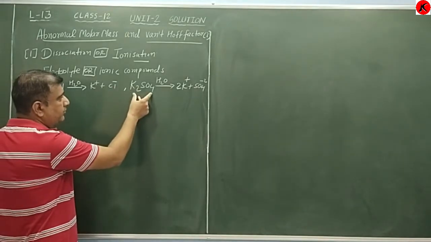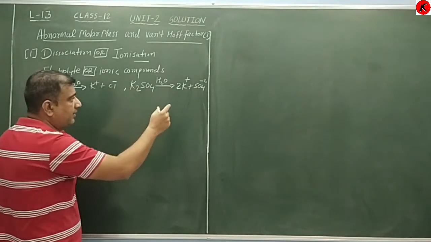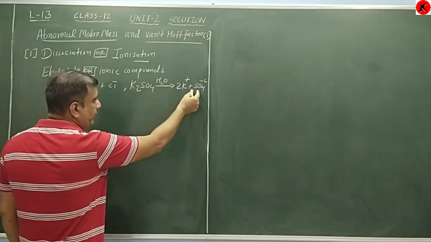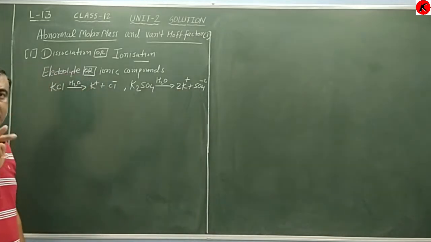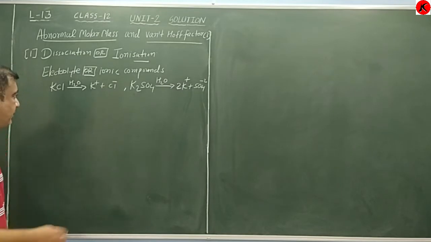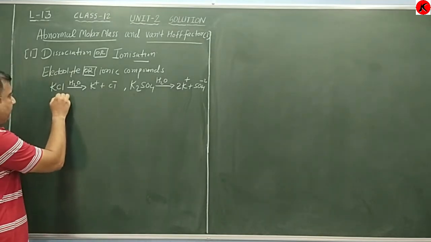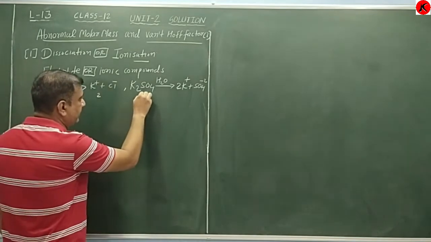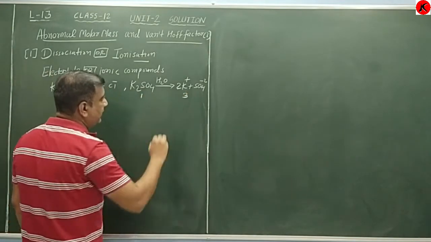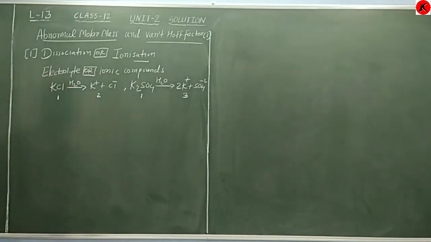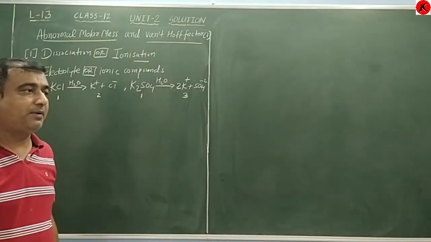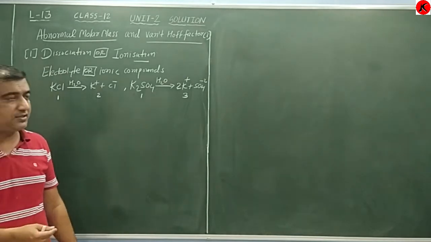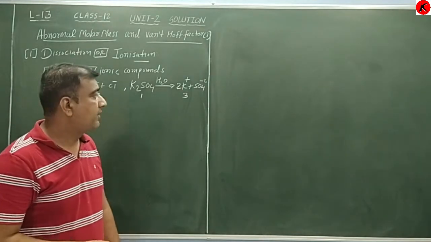Here one molecule of K2SO4 is one particle, and from that 2K plus and SO4 2 minus, three particles are produced. From the first, 1, 2 particles, and here 1, 2, 3 particles are produced. That means when dissociation or ionization occurs, the number of particles in solution changes and increases.